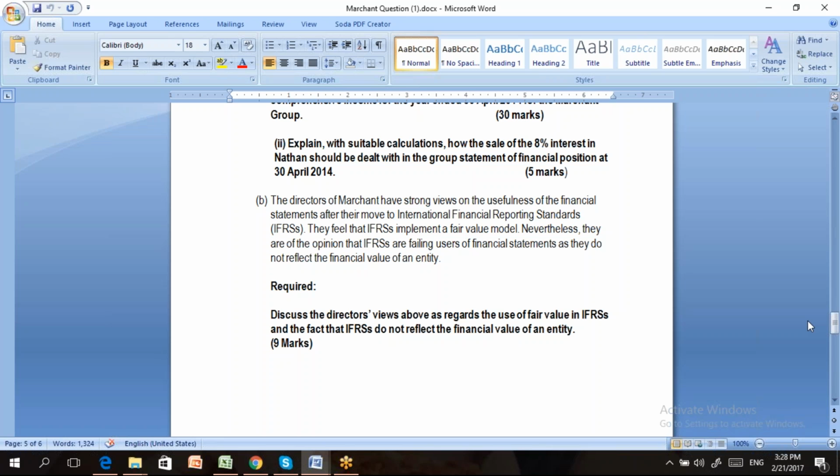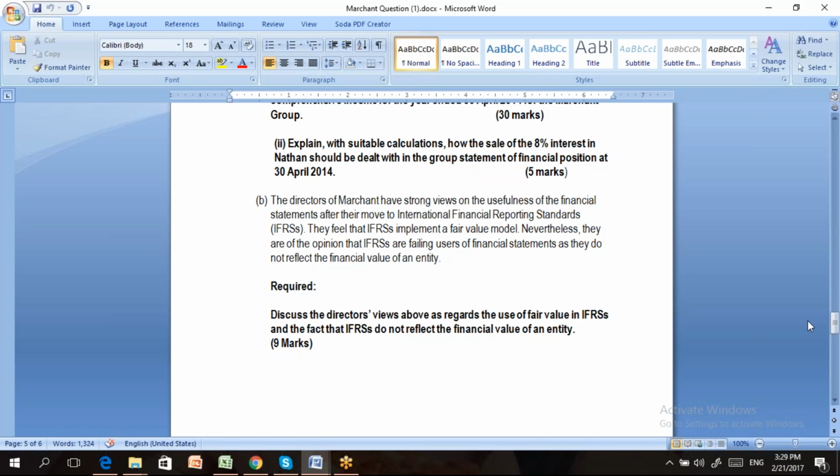So fair value, definitely once it is used in the financial statement, it will affect the performance management. It will affect the performance because you have to bring all the assets to fair value. You have to provide increased depreciation, and that will definitely affect the performance management and even the net assets.